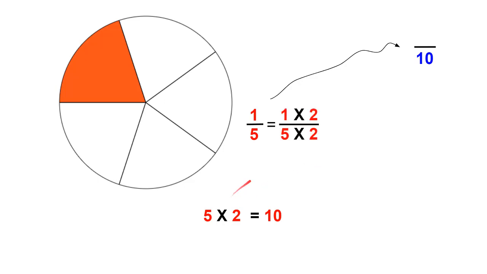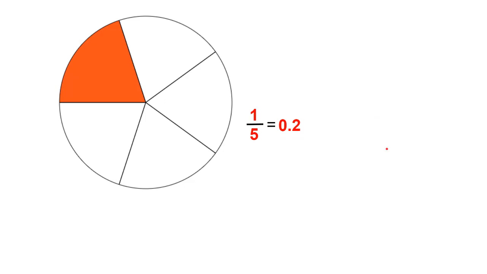And again, we write 5 times 2 in the denominator, and the same number that we multiplied the denominator by, we multiply the numerator, and we get 2/10. 2 is smaller than 10, so we write 0 point something, and 10 has only one 0, so we write one placeholder here, and we place the numerator right here, and we got the answer. 0.2 is actually 1/5. Again, very simple.